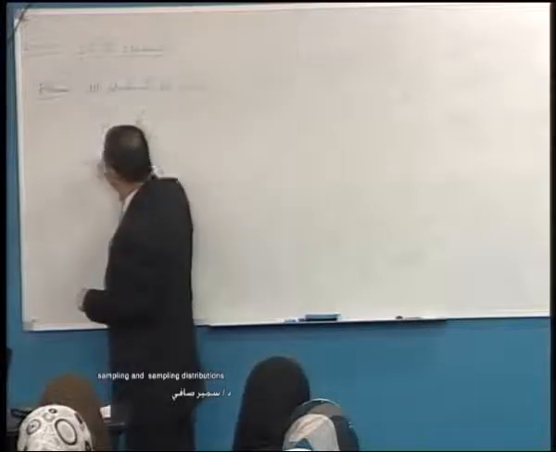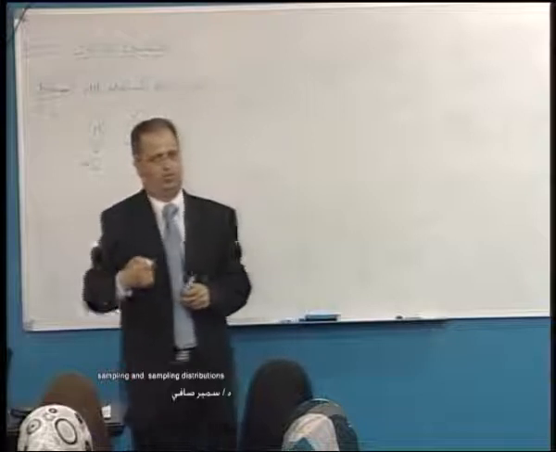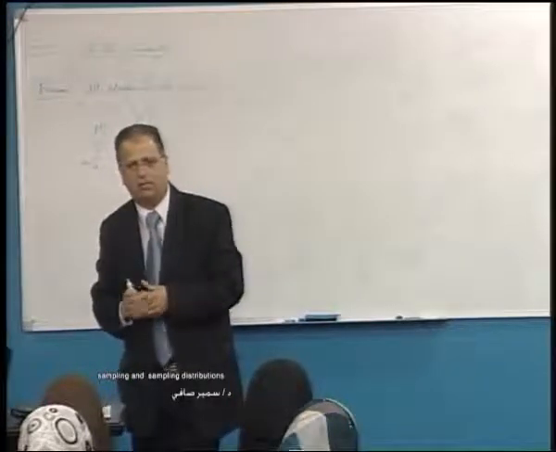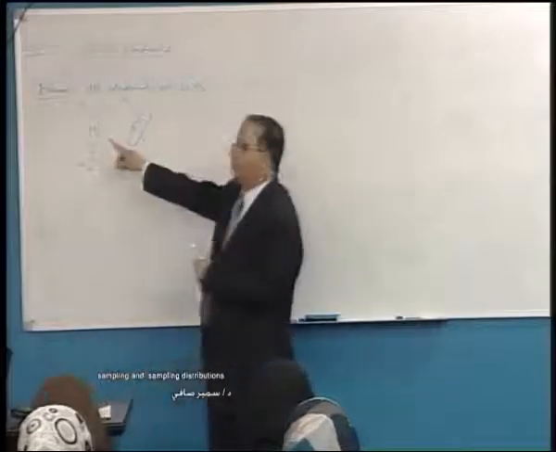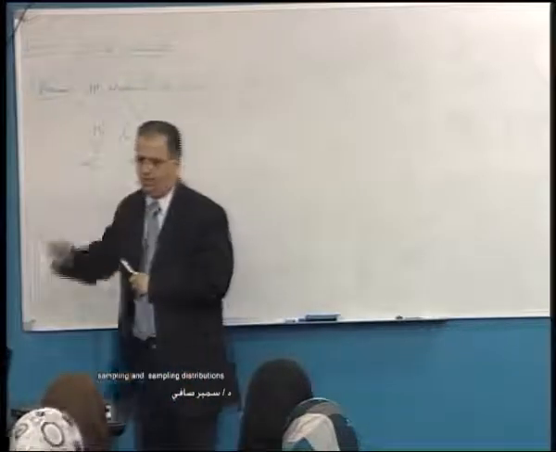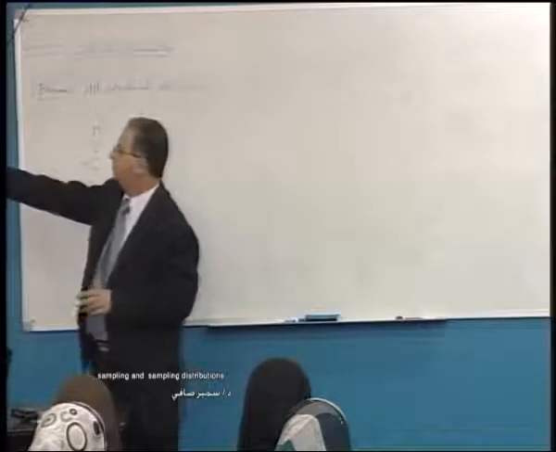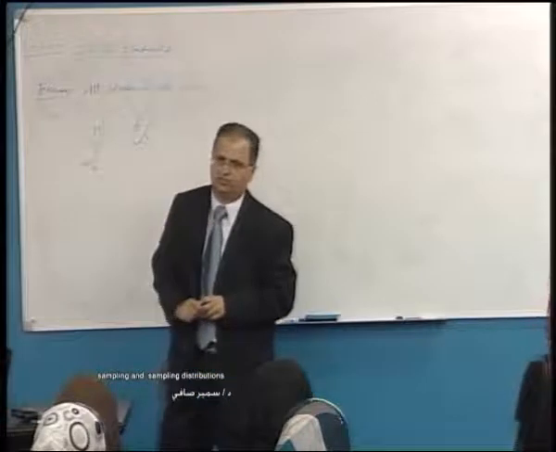So ignoring this portion may lead to misleading results or inaccurate results or biased results. So you have to keep in mind that you have to choose all the portions of that frame. So inaccurate or biased results can result if a frame excludes certain portions of a population.